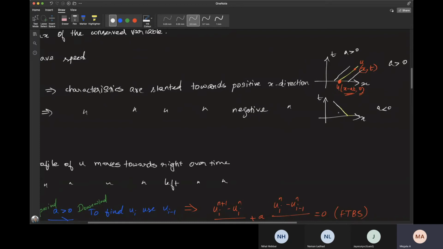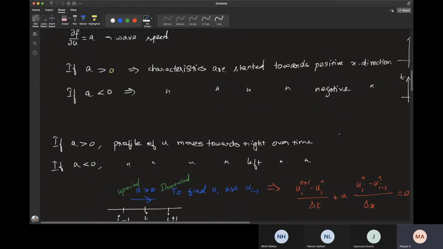If you have some initial profile u at t equals 0, that profile over time will move in either the positive or negative direction depending on the sign of a, the wave speed.